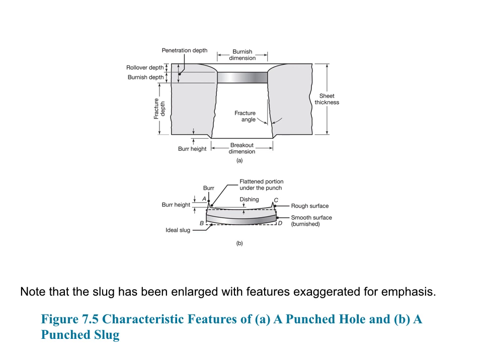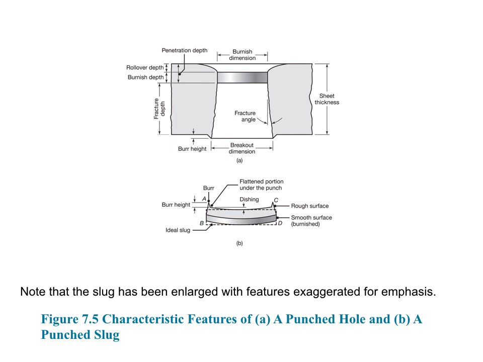Next, let's look at some terminology of the characteristic features of a punched hole and a punched slug. Now, what do we see here? We see on the hole the burnish dimension, the penetration depth, the fracture depth, the burr height, breakout dimension, the fracture angle, shear thickness.